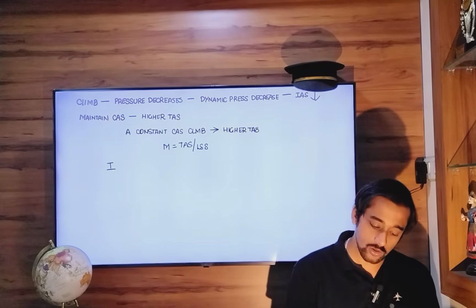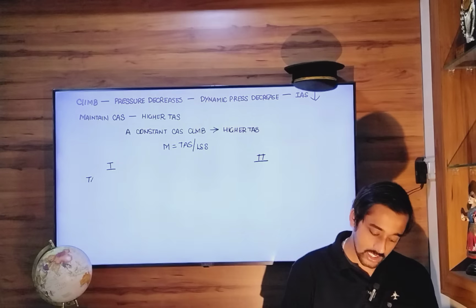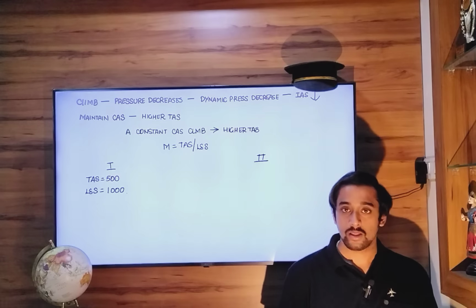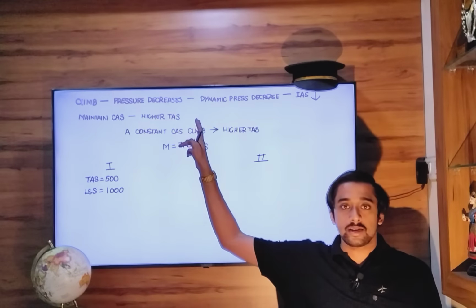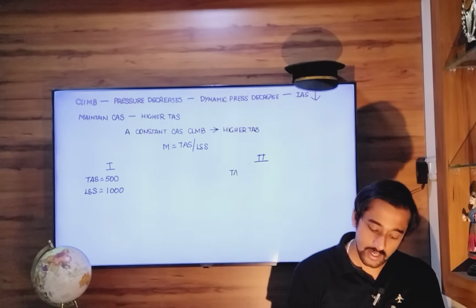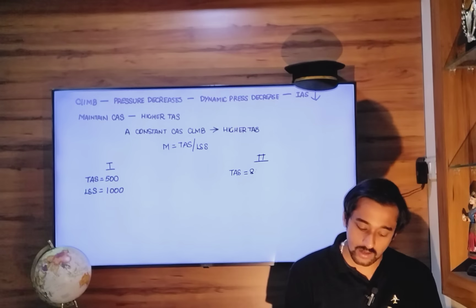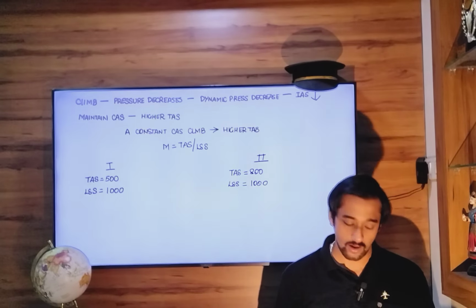Let's take two situations. In situation 1, you are flying at a true airspeed of 500 knots. Local speed of sound is 1000 knots. Now your aircraft is climbing at constant calibrated airspeed, as mentioned in the question. When you climb at constant calibrated airspeed, your true airspeed increases. So let's say now your true airspeed becomes 800. Local speed of sound remains the same for the purpose of our illustration, 1000.